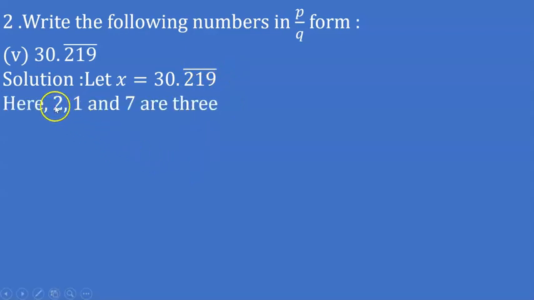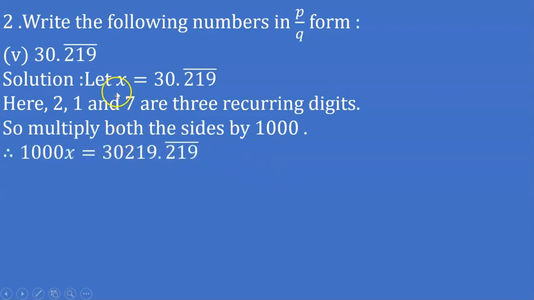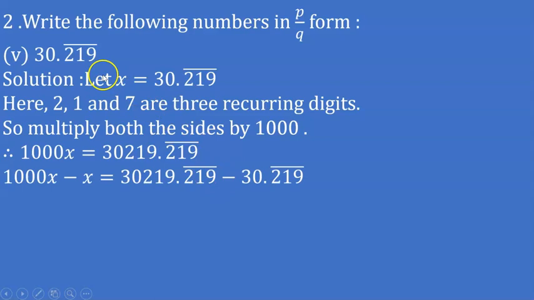Here 2, 1 and 9 are three recurring digits, so multiplying both sides by 1000, you will get 1000x equals 30219.219 recurring. Again, subtract x equals 30.219 recurring from this equation.